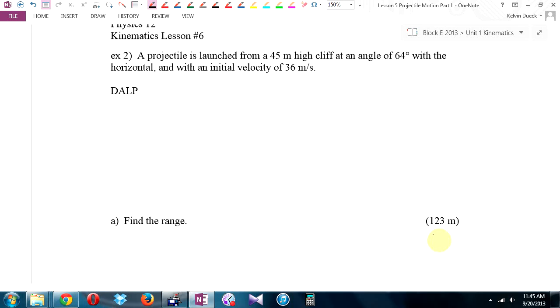We launched horizontally from a cliff, or we launched at an angle from the ground, but an angle off a cliff, that's Physics 12. And the reason it's Physics 12 is you need the quadratic formula to solve these. Okay, I fibbed, actually.